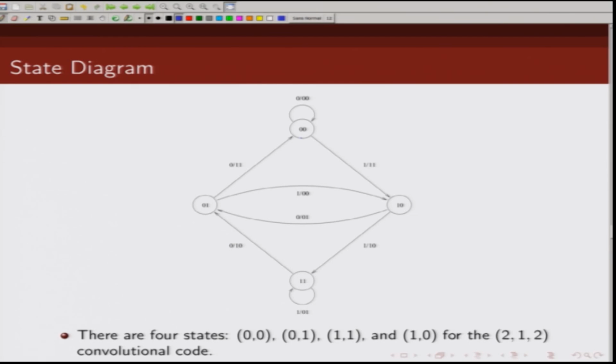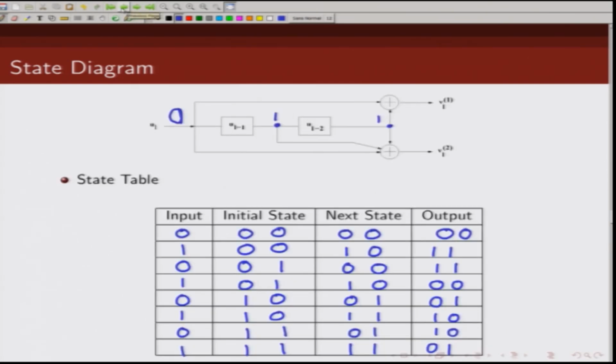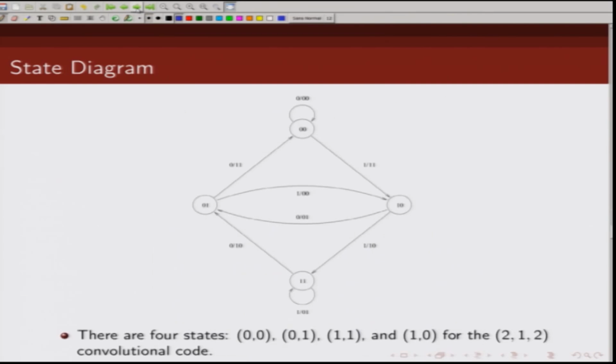So, if you go back and see here, if the initial state is 0 0 and input is 0, it remains in 0 0 state and output is 0 0. So, how do we denote this? Initial state is 0 0, input is 0, corresponding output is 0 0, and it remains in all 0 states. So, that we are denoting like this.